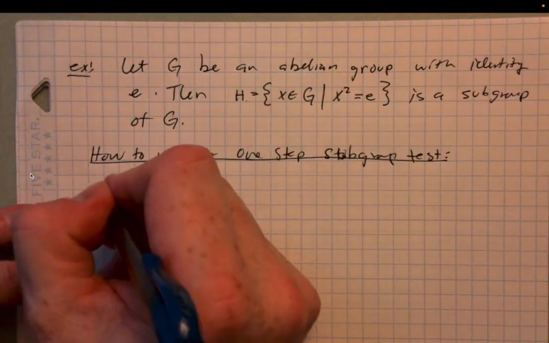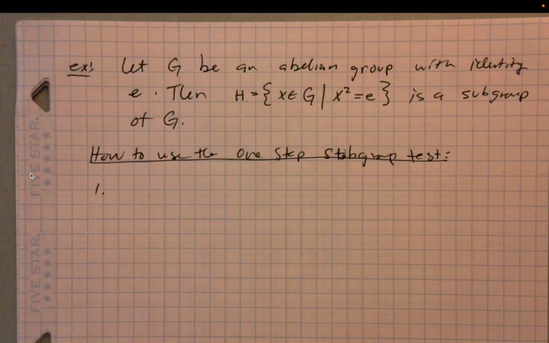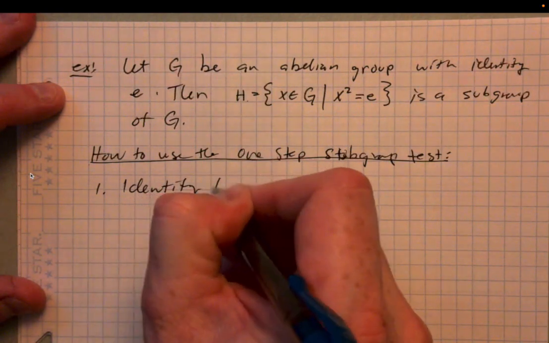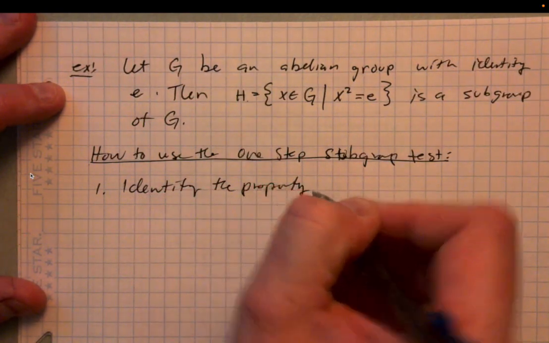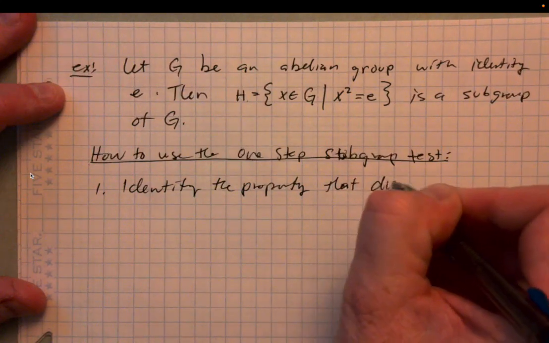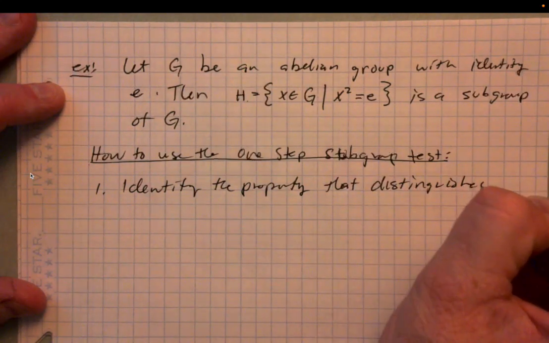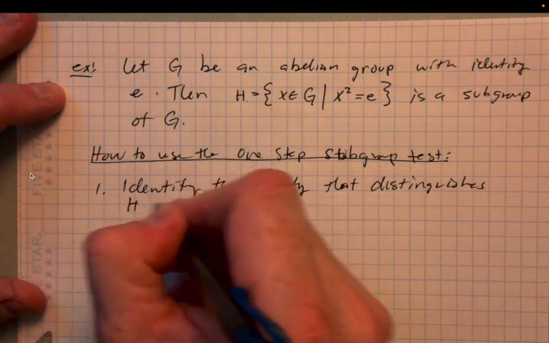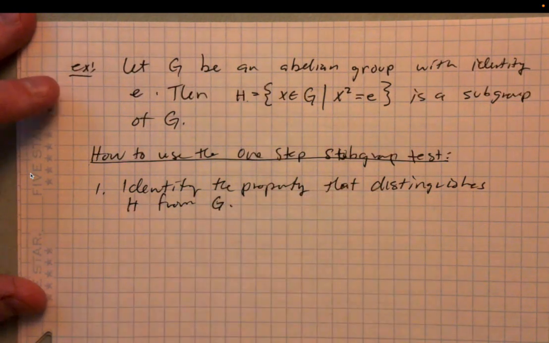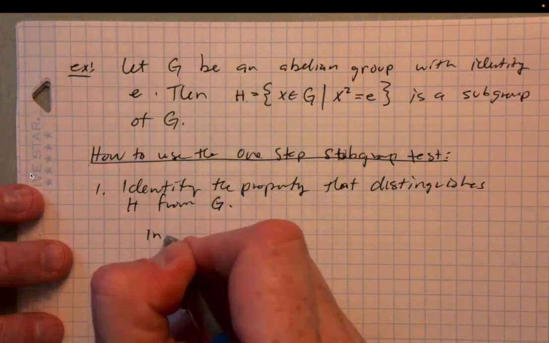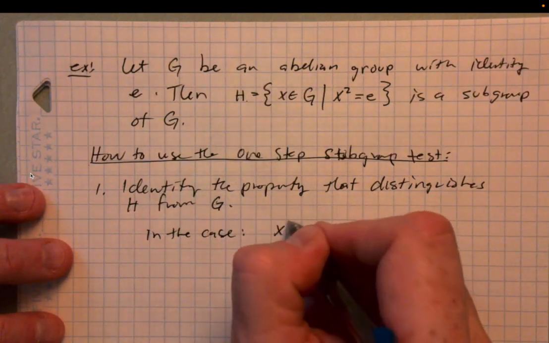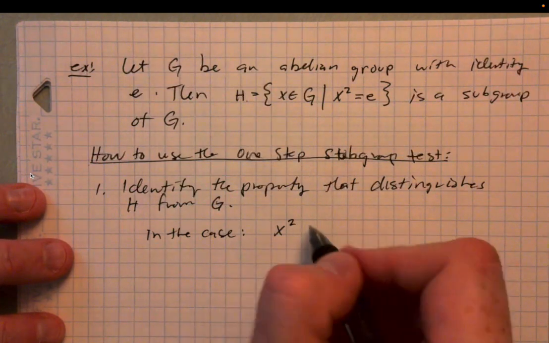All right, so the first thing you want to do when you're doing this is you need to identify the property that distinguishes the subgroup from the larger group. So in this case, distinguishes H from G. Right, and so in the case of the example we're working, that property is that the group element squared needs to equal the identity.